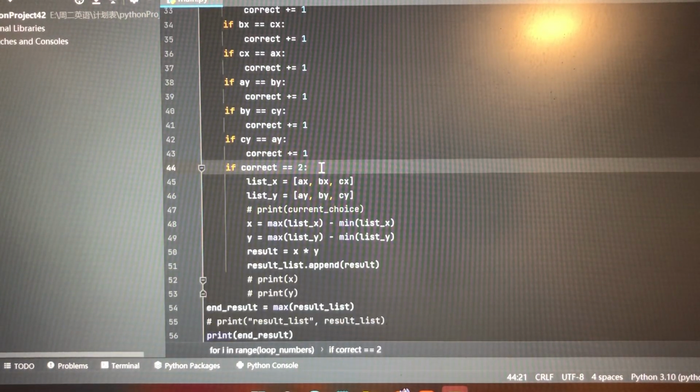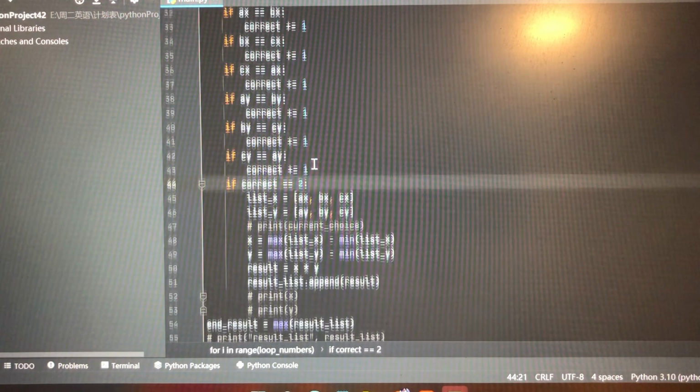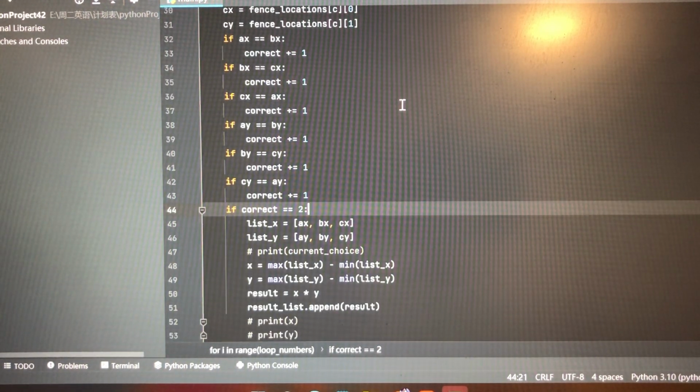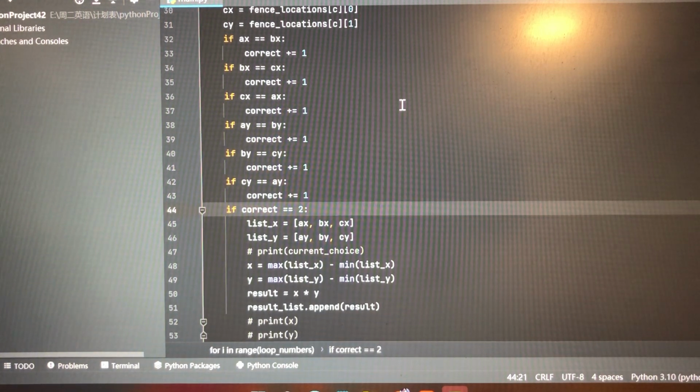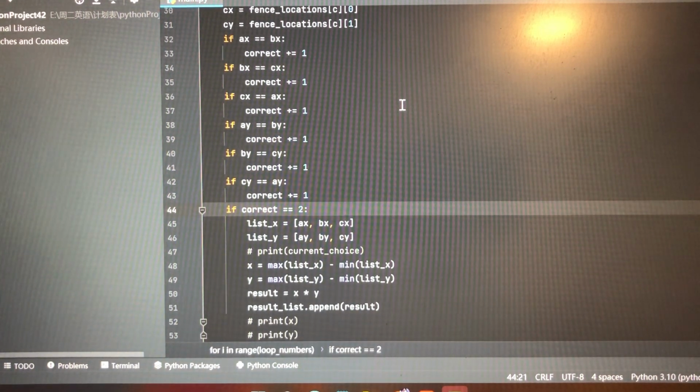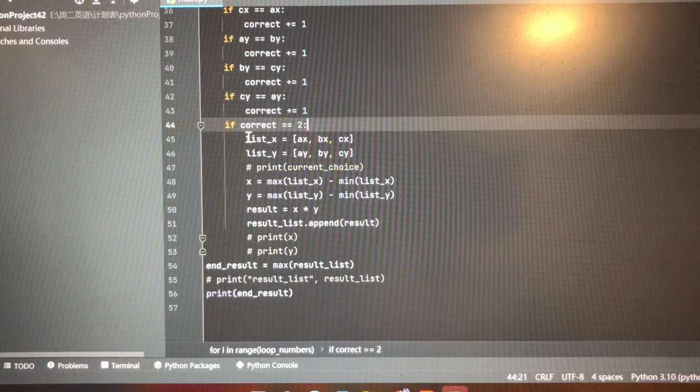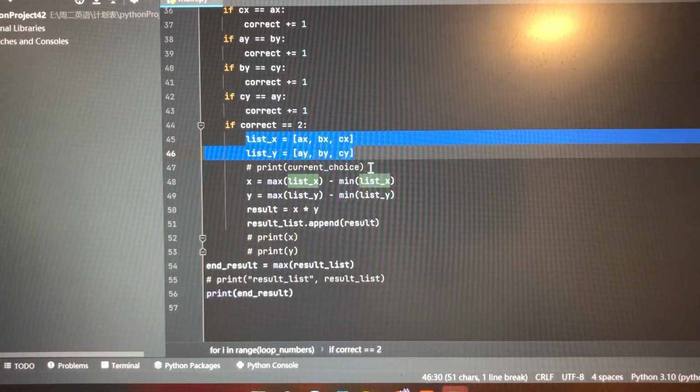And this part is, if correct equals 2, it means that if I found two x values exactly the same and two y values exactly the same, then I can be sure this is a right angle triangle, which then I get these two.